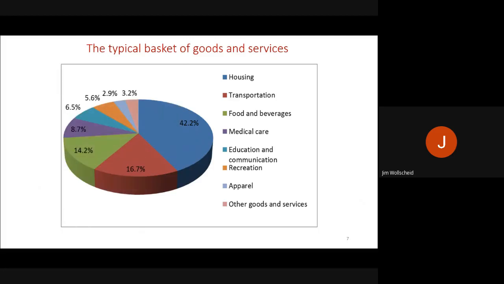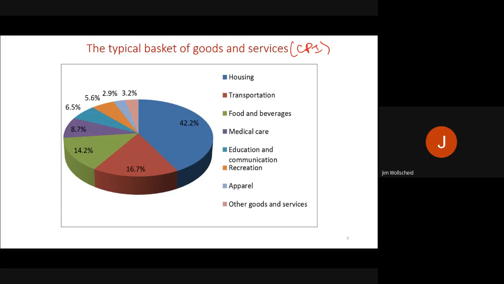So what does it look like for the actual BLS? What does the CPI look like? This is what the actual basket is made up of. If I asked you to think about your budget, and I said, all right, sit down, think about where you spend money.